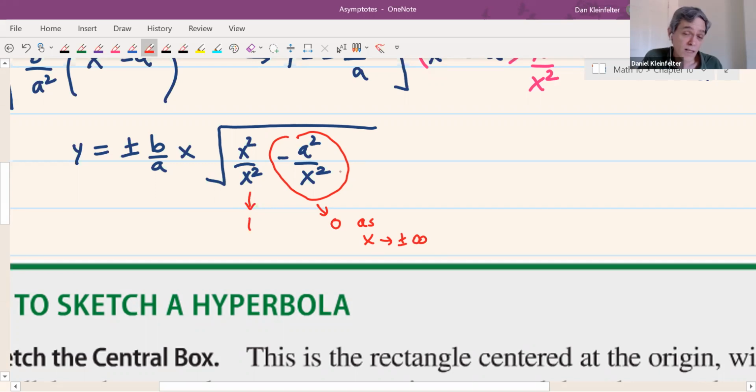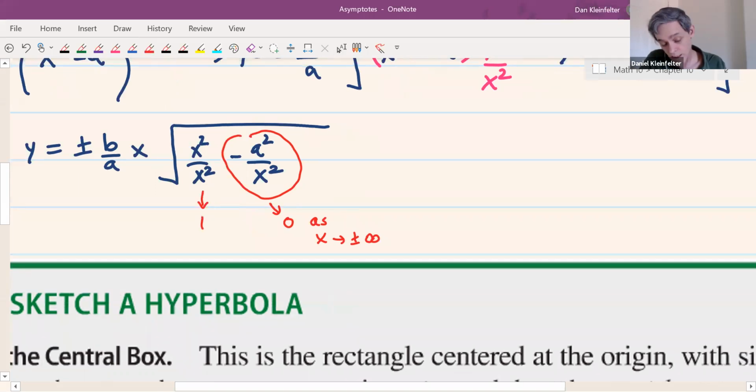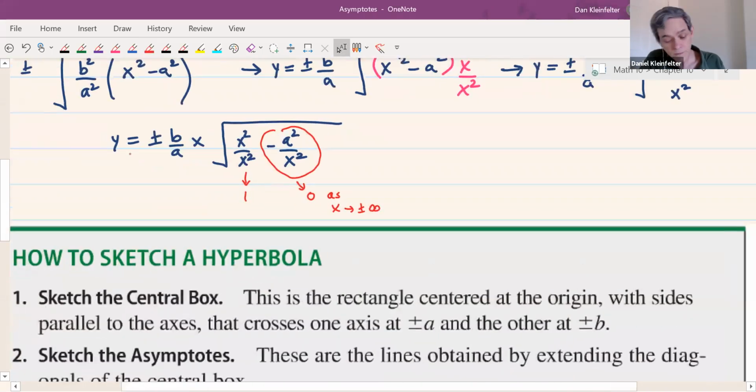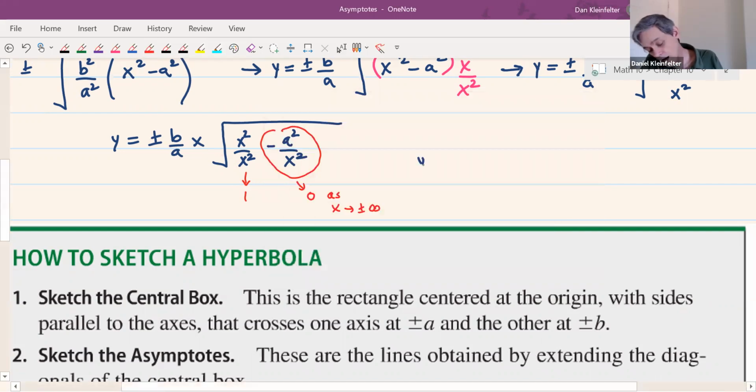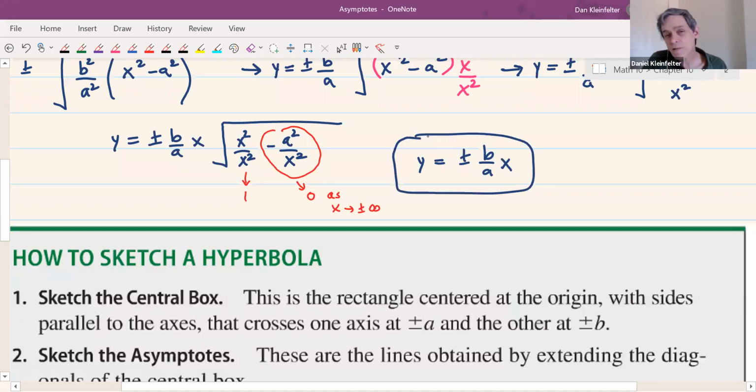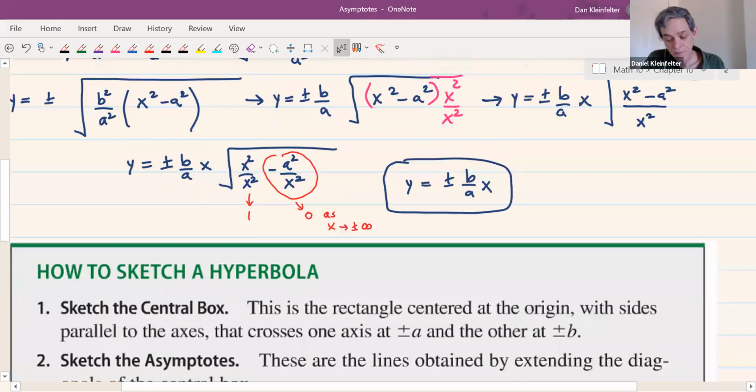So overall, this radical is approaching 1. And so in the end, if the radical is nearly 1, and it's multiplied by plus or minus b over ax, we're going to end up with y equals plus or minus b over ax. And that's where the equations of those asymptotes come from.